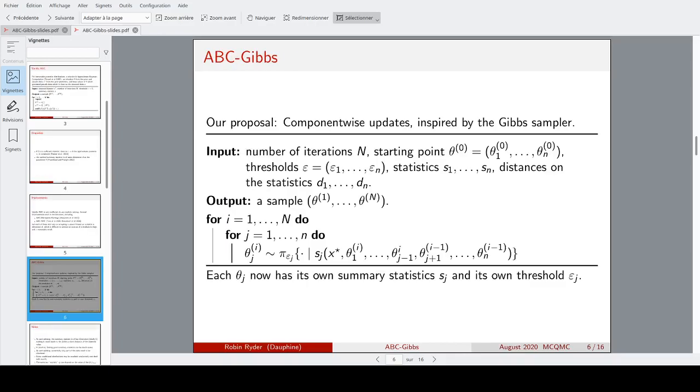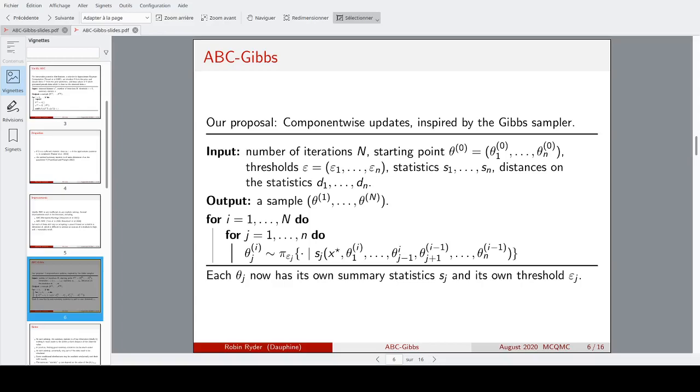Now, the idea of our method, which is called ABC Gibbs, is to use component-wise updates, like you would do in the Gibbs sampler. So, if you look at how this algorithm works, at each step you're going to take the jth component of your parameter theta, and you're going to update only theta j according to the ABC approximation of the conditional distribution of theta j given the data and all the other parameters.